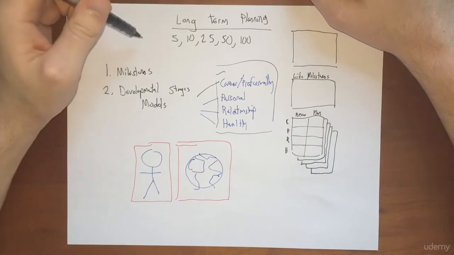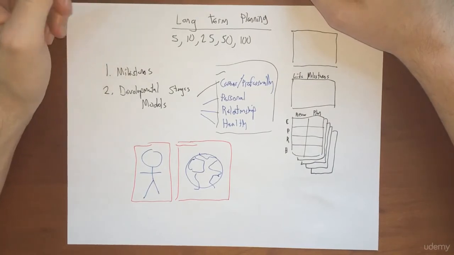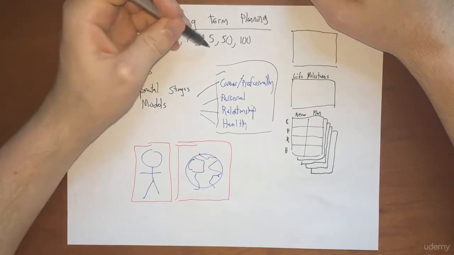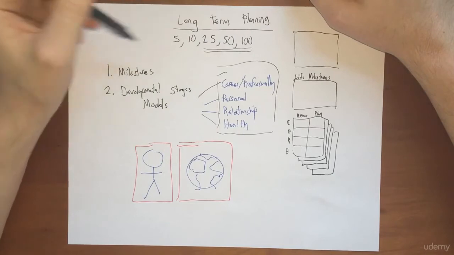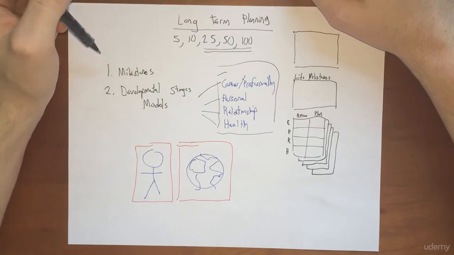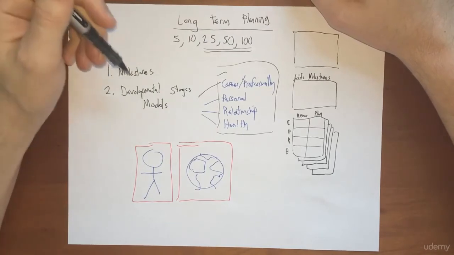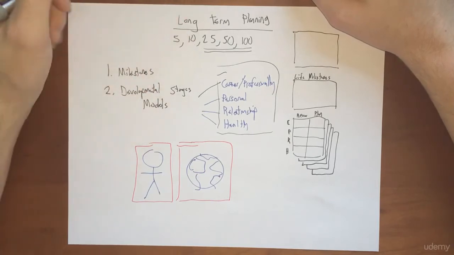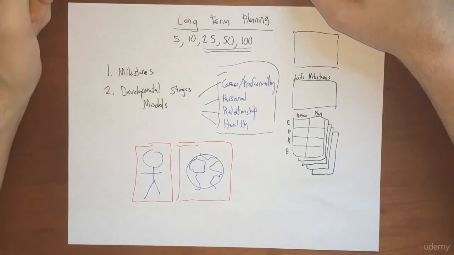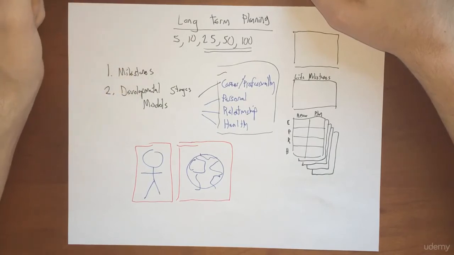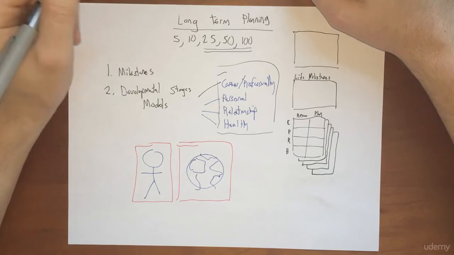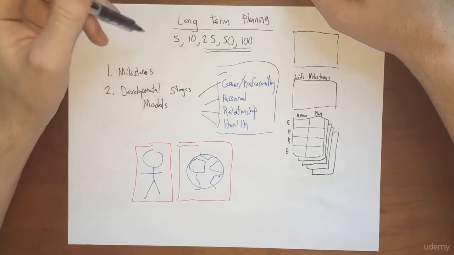The only people or organizations that generally do this type of long-term planning are governments and very large multinational corporations like energy companies, oil drilling companies, mining natural resources, stuff like that. So it's very interesting stuff, but there really isn't much out there.